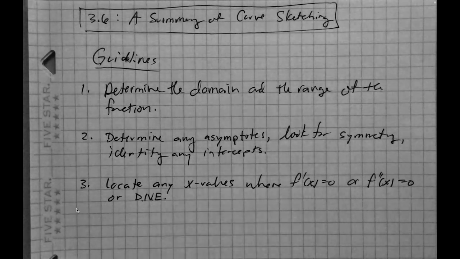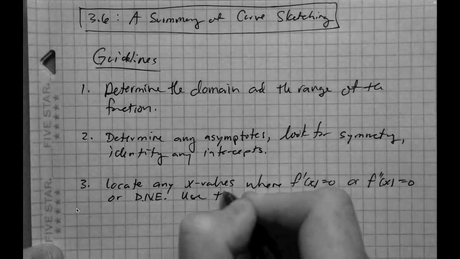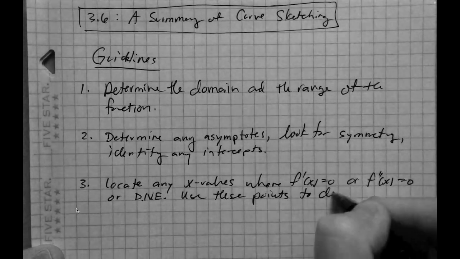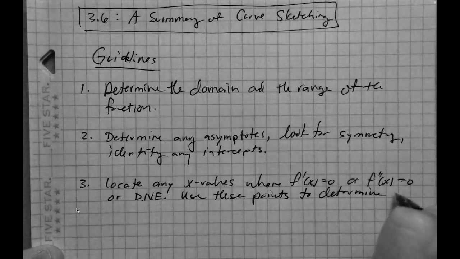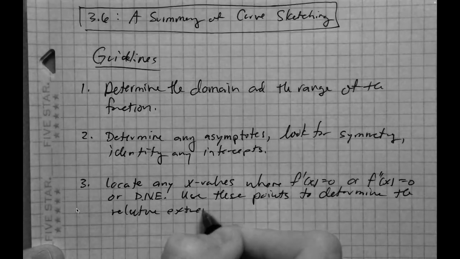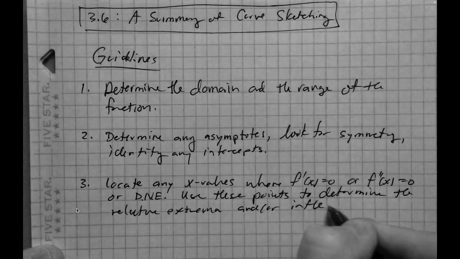Locate any x values where the first or second derivative are equal to 0 or do not exist. And then we're going to use these points to determine the relative extrema and or inflection points.